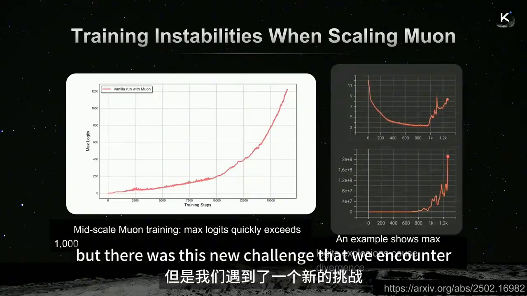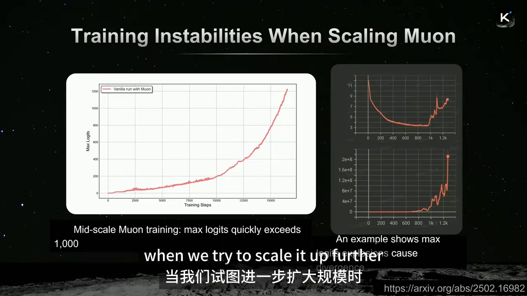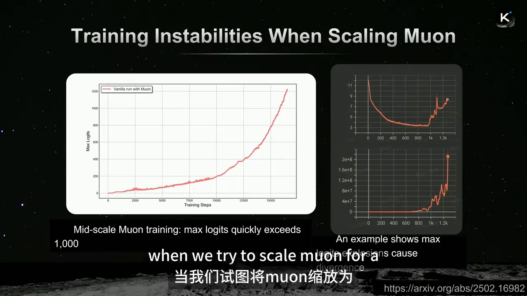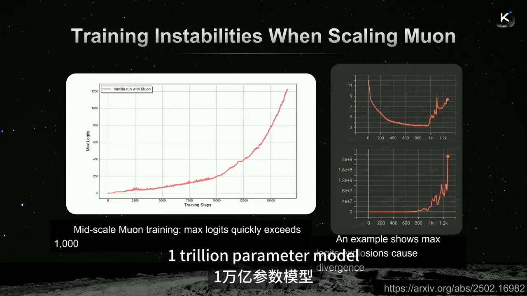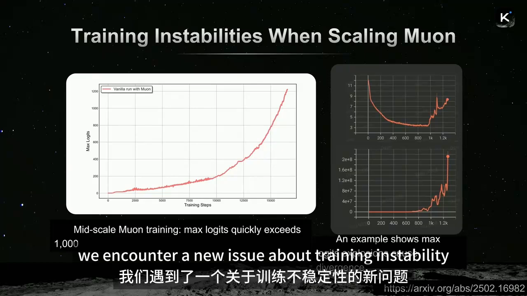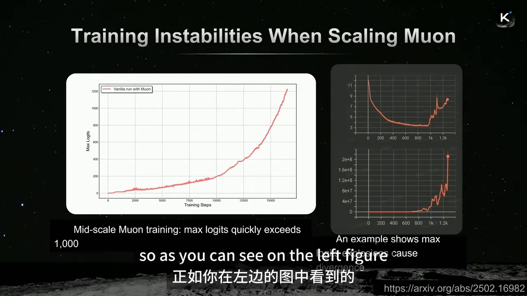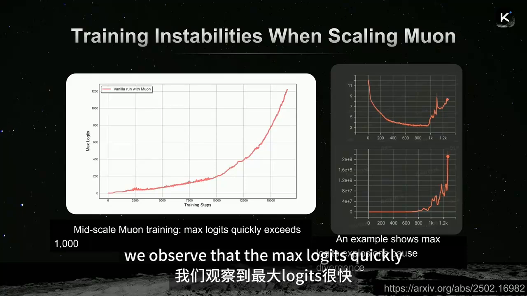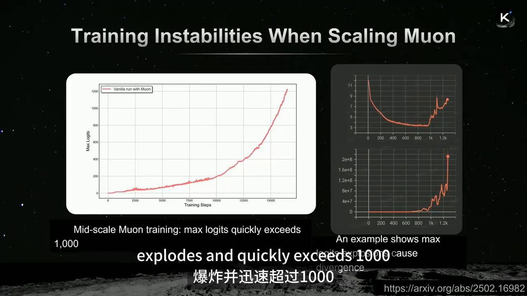But there was a new challenge that we encountered when we tried to scale it up further. When we tried to scale Muon to a 1 trillion parameter model, we encountered a new issue: training instability. As you can see in the left figure, the max logits quickly explode and exceed 1,000.